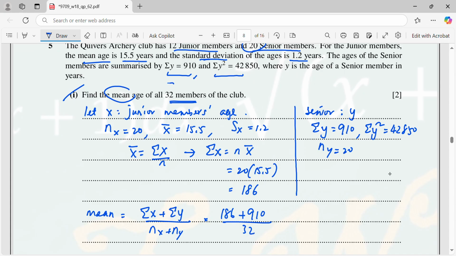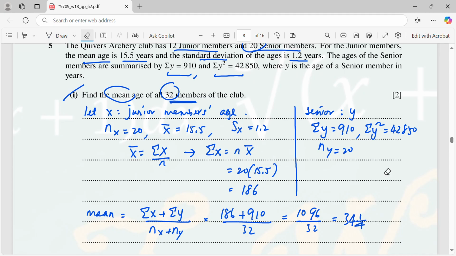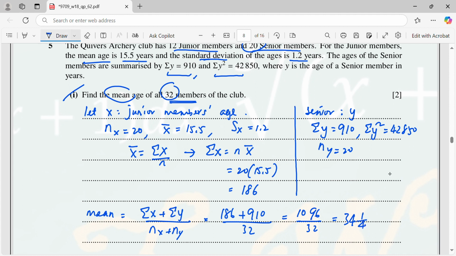Right, because the total is 32 members. So then this is going to be 1096 over 32, and you will be getting 34.25, or probably I will just leave your answer in this form, 34 and 1/4. That is my mean age.